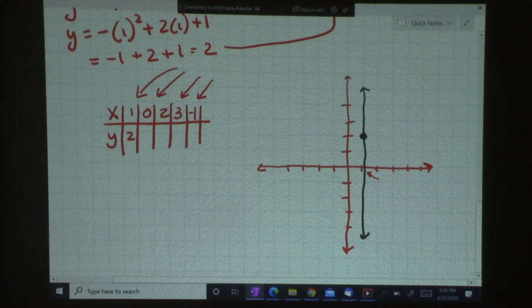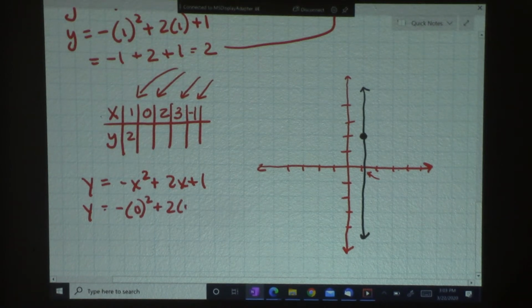Okay, so I'm going to rewrite my equation so I can see it down here easily. If I put 0 in for x, 0 is there. I've got 0 there, 2 times 0. What happens to those two terms? That's usually the easiest one. They drop out. And what's left? Just 1. So these become 0, and this becomes 1.